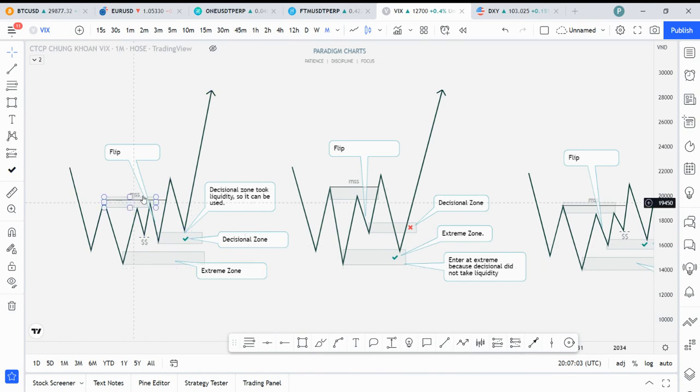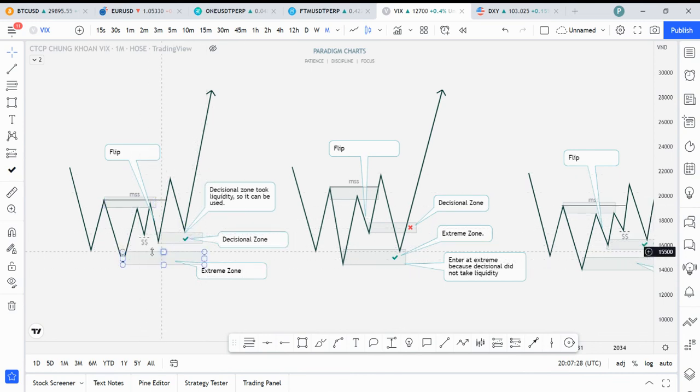But in most instances, when price takes out the decisional zone after it takes liquidity, there is a very high probability that it will take out the extreme zone as well. So if price takes out the decisional zone, I'm not usually very confident that the extreme zone will hold. But I still try to trade it, and sometimes it will hold, sometimes it will not.